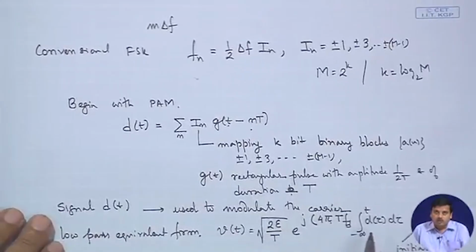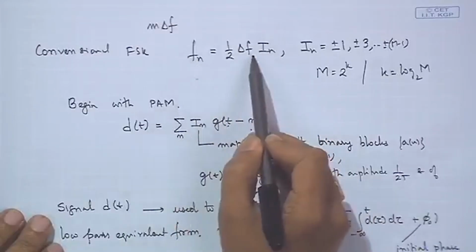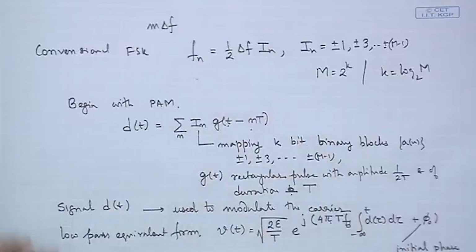So, all what we are trying to do is instead of directly choosing the frequencies f n in this form, which we had done before, where you might remember we had written e to the power of j 2 pi f c t plus m delta f, right, where m is the value that we choose. M we had earlier written 1, 2, 3, 4 and so on, and it could also be plus minus 1, plus minus 3 and so on and so forth.